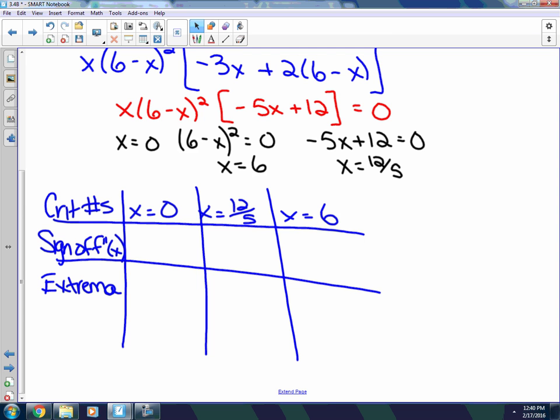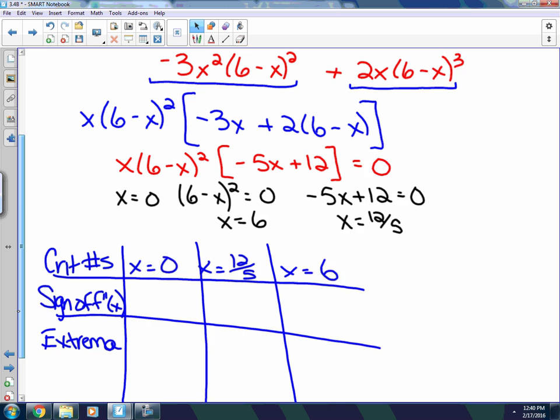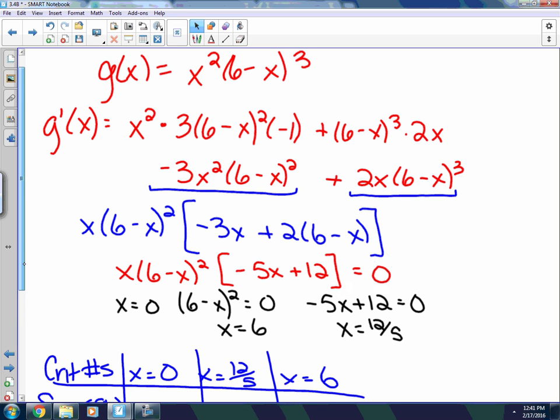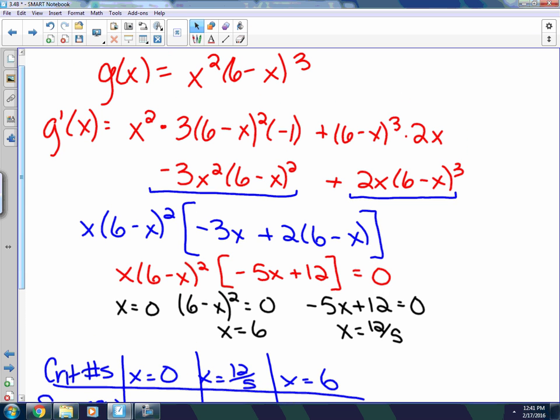Okay, now what's our next step? Second derivative, which we need to take. Okay, so we have to come up with our second derivative. I think you voted for this. You have different options on where you feel comfortable.